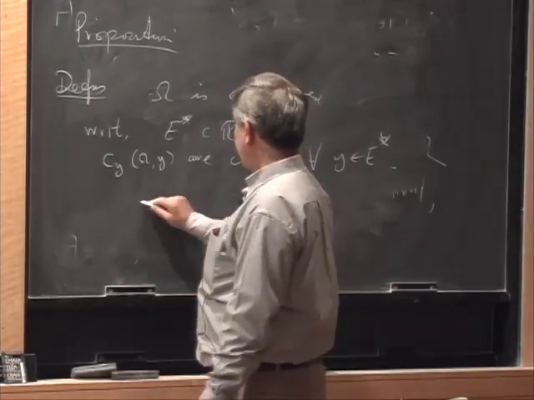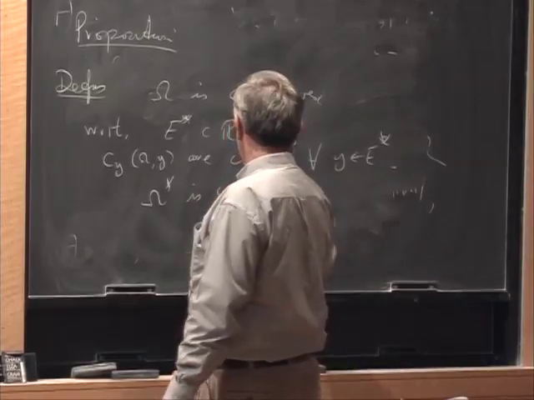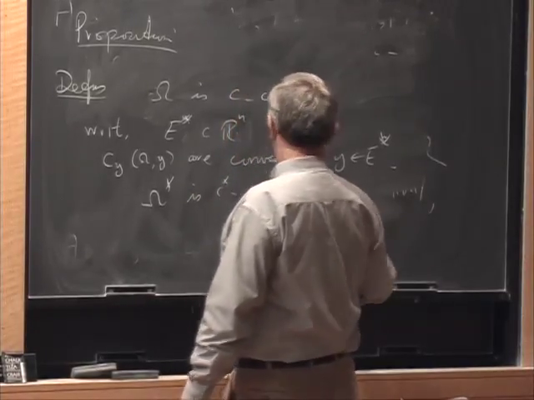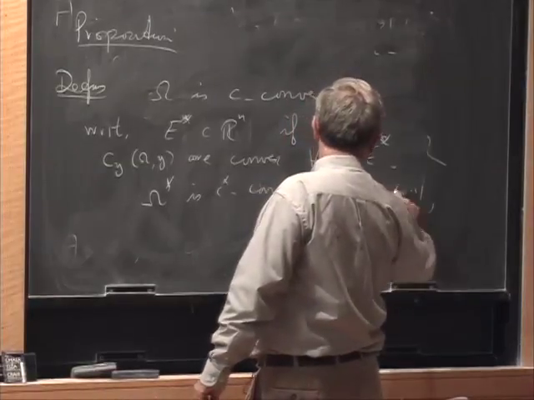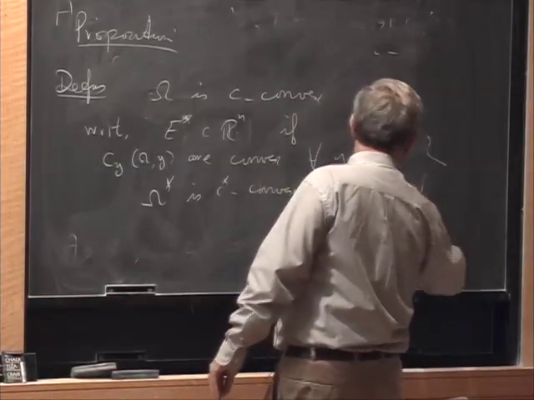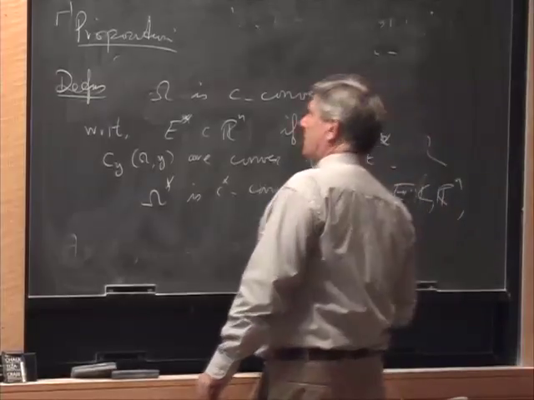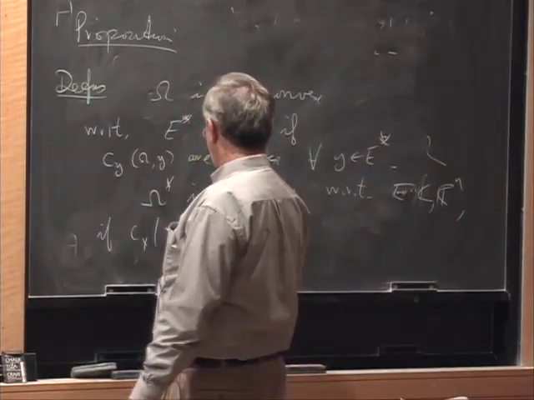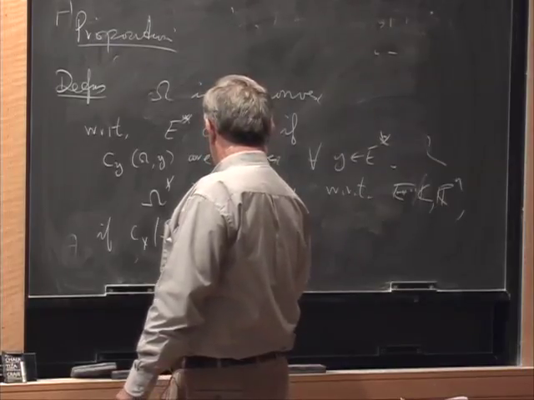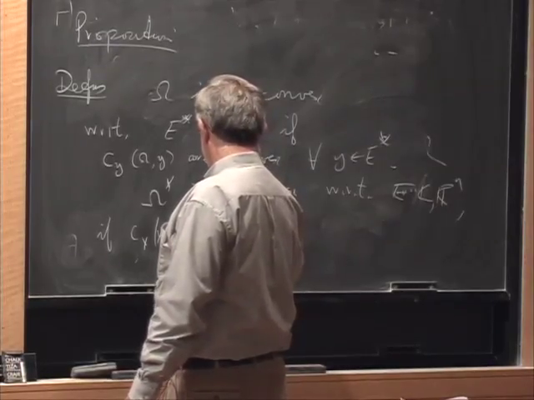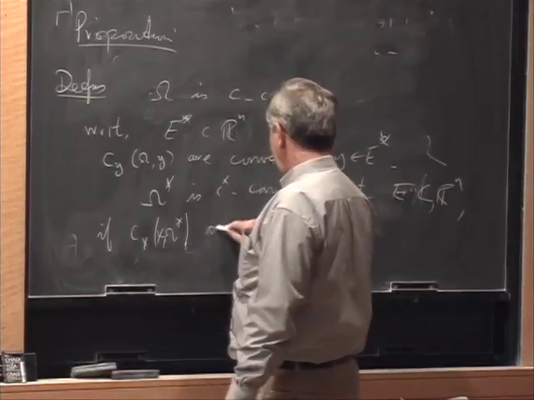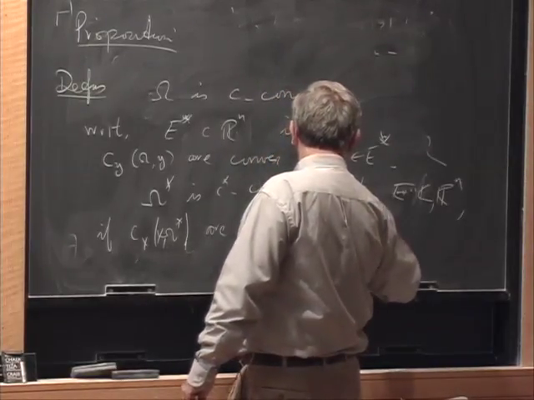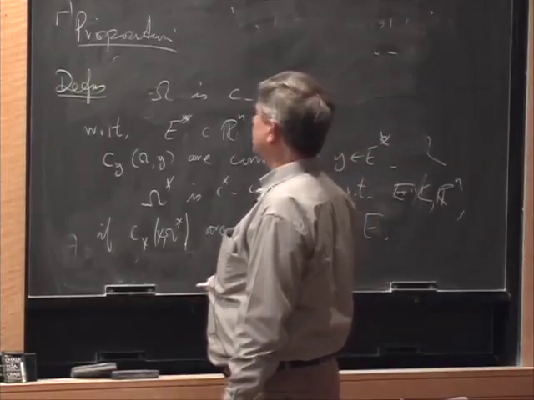And second definition, omega star is C star convex. So it's the dual definition with respect to some set E in Rn, if these Cx of omega star are convex for all x in E. So these are our definitions.